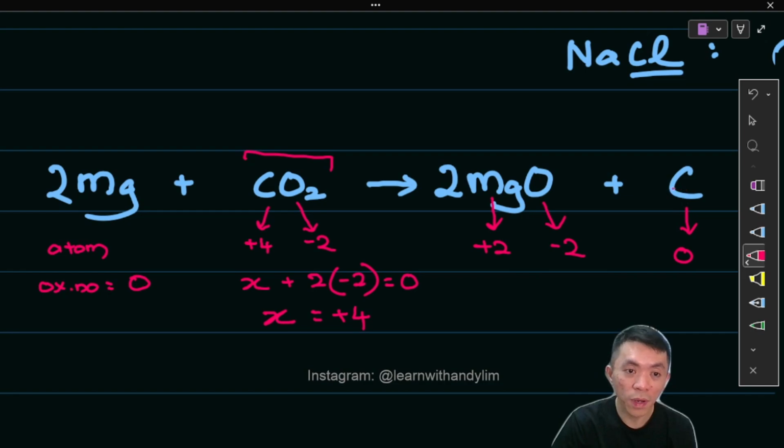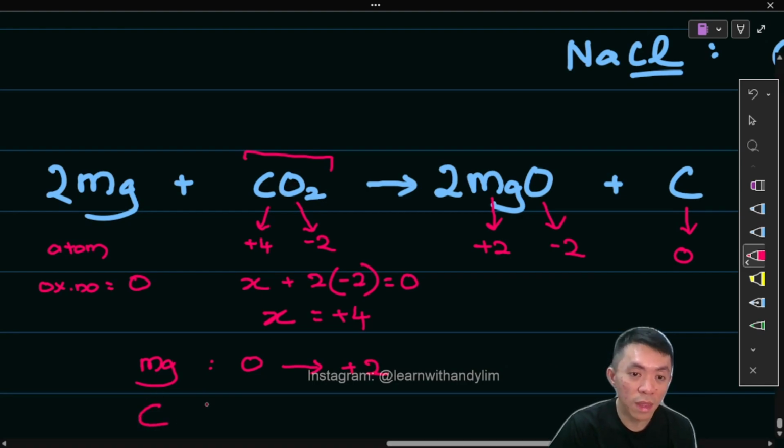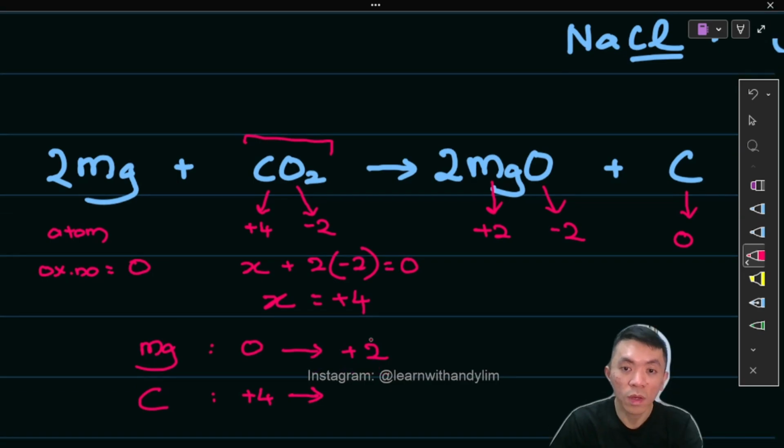So what happened: for magnesium, the oxidation number changed from 0 to +2. For carbon, the oxidation number changed from +4 to 0.